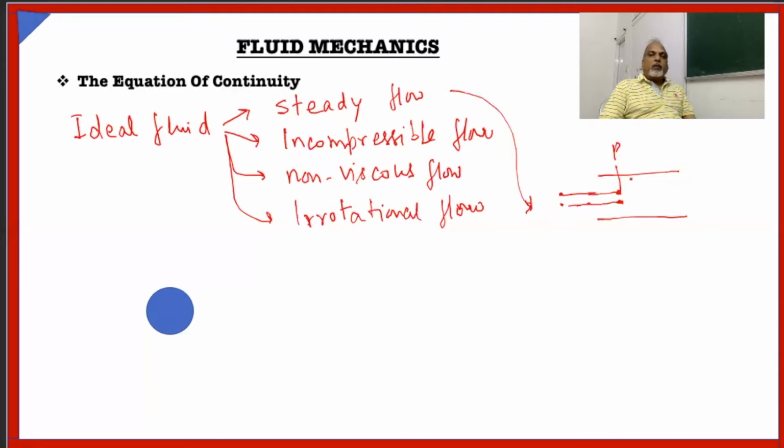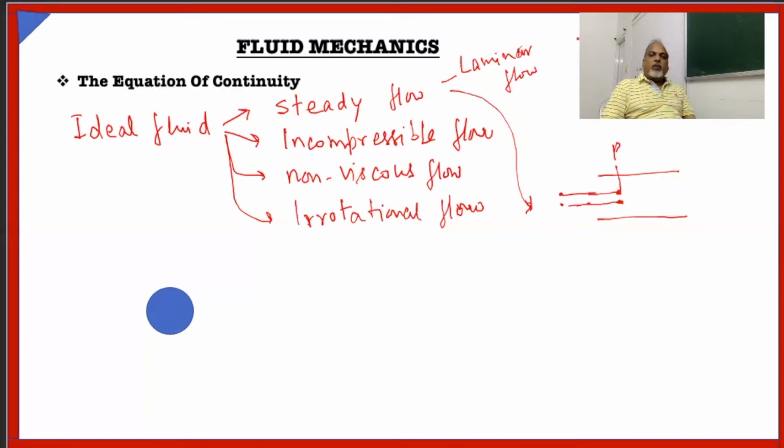This is called steady flow. Steady flow is also called laminar flow, meaning the flow is moving in laminas, in layers. Correct?